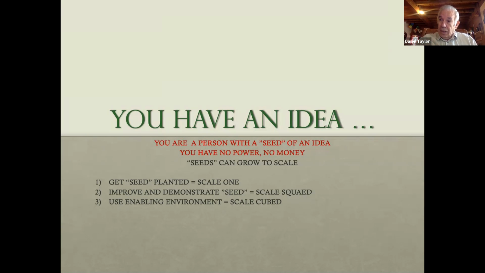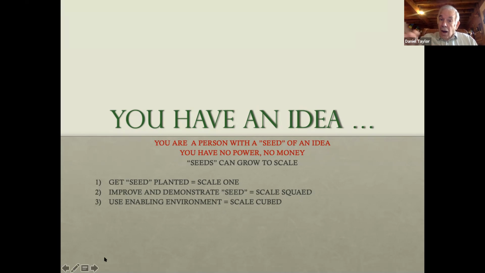And what's important here is that the idea is the seed is growing. Okay. And so that's what you're going to see now. And then the seed grows to scale cubed. And I'm going to show you that as well. Okay.